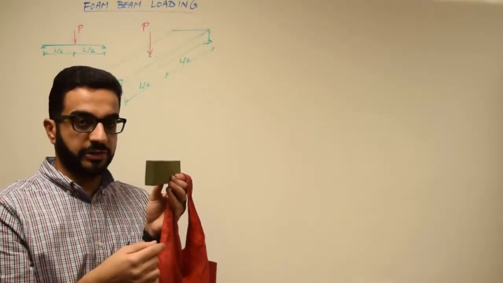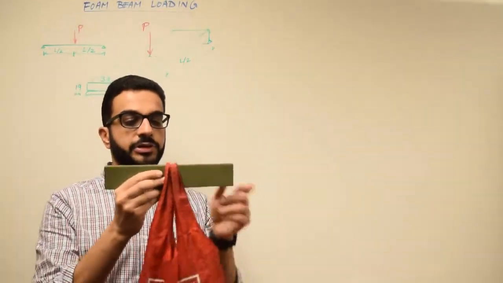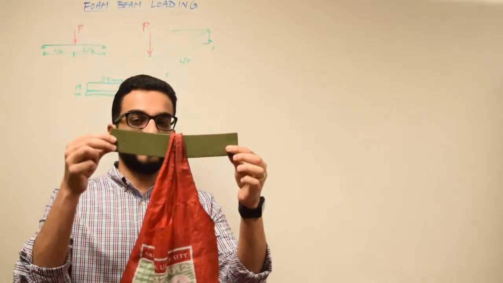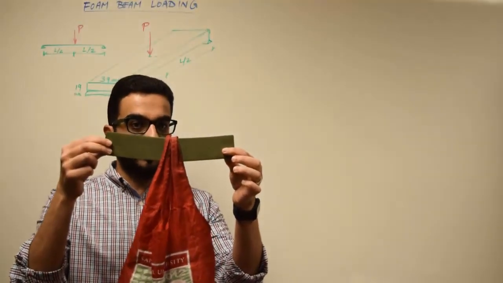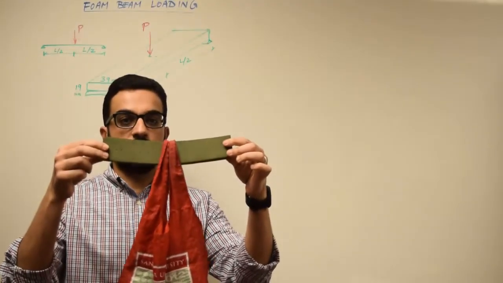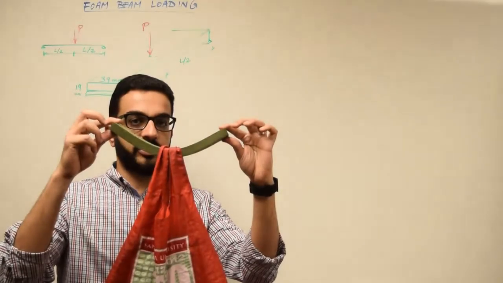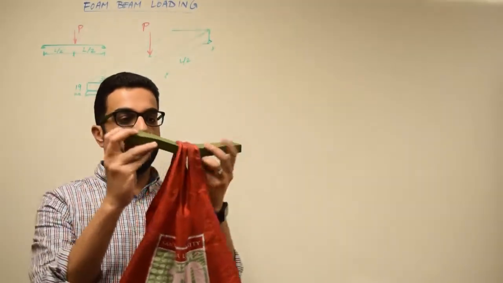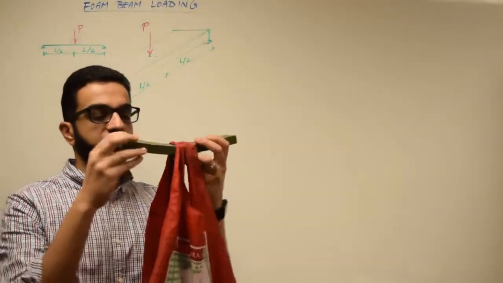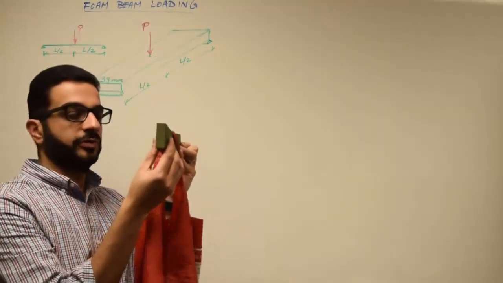The 19 will be the horizontal dimension of the cross section. Now if I load it, you can see it's still deforming, but it's much more appealing and comfortable to look at than this. So this is the deformation when we load the beam with this cross-section orientation, and this is the deformation with the other orientation.